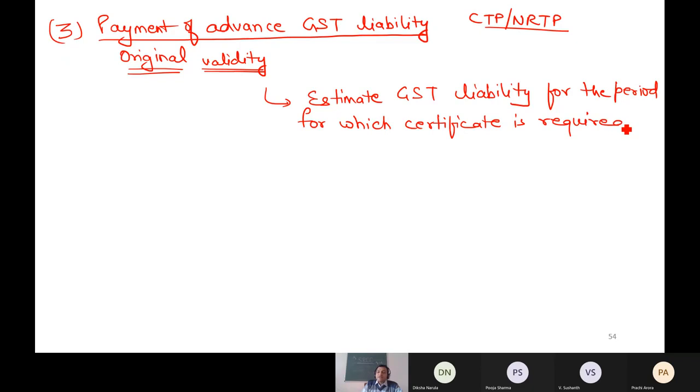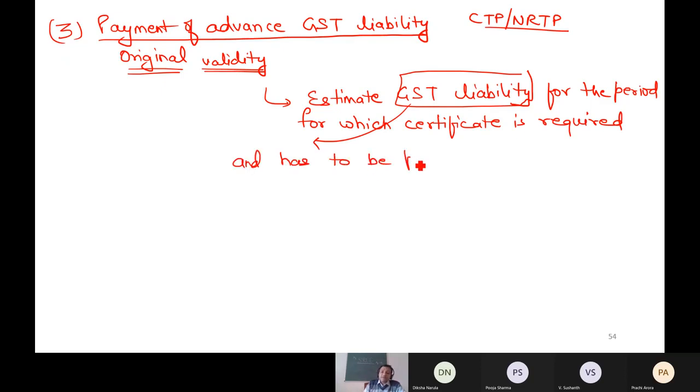So if I require the certificate for 45 days, I should estimate my average GST liability. If I need this certificate for 90 days, I should estimate my GST liability, and whatever that is, I should pay it in advance. It has to be paid at the time of submitting the application. I have to pay advance GST liability at the time of submission of application. This is special. It is not required in the case of other persons.